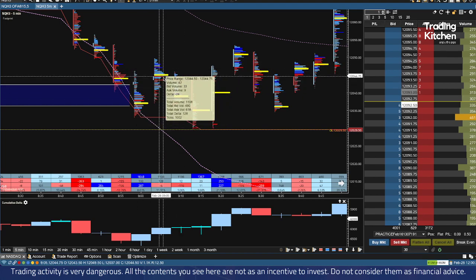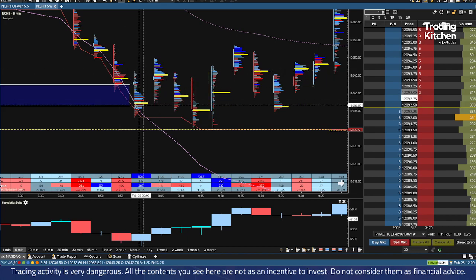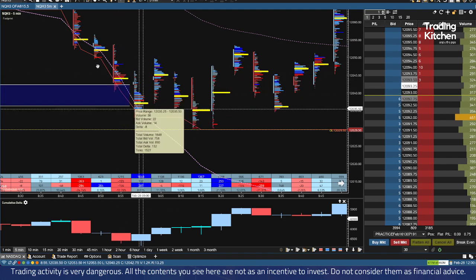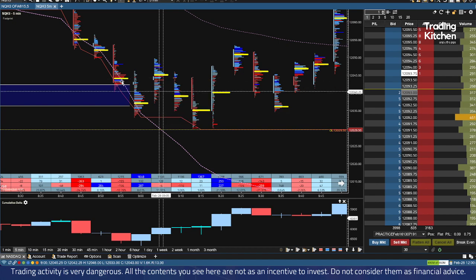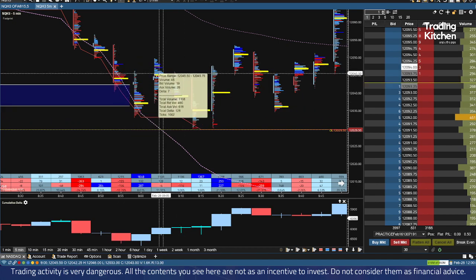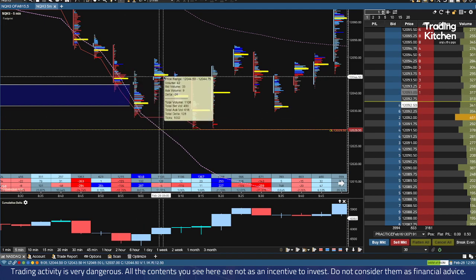But we do have the first switch of the POC here. So the value area has changed. This is the new price level that is being accepted by the market.